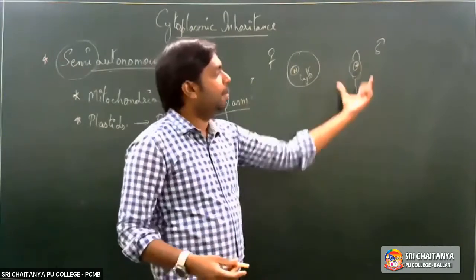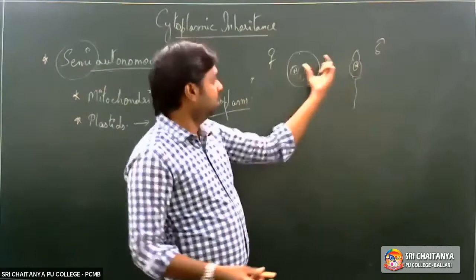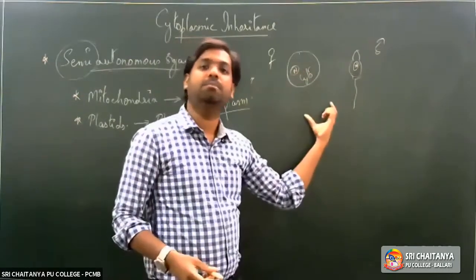So the cytoplasm is reduced in the sperm, whereas it is present in the egg.